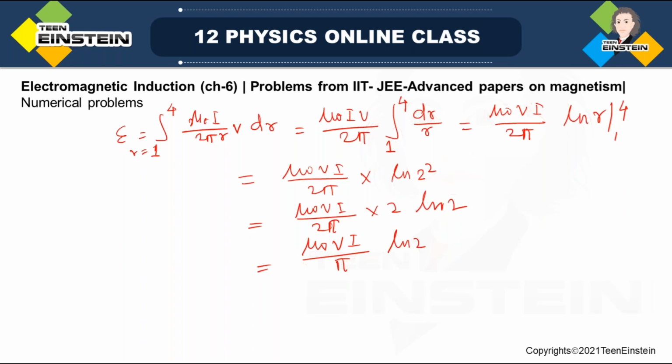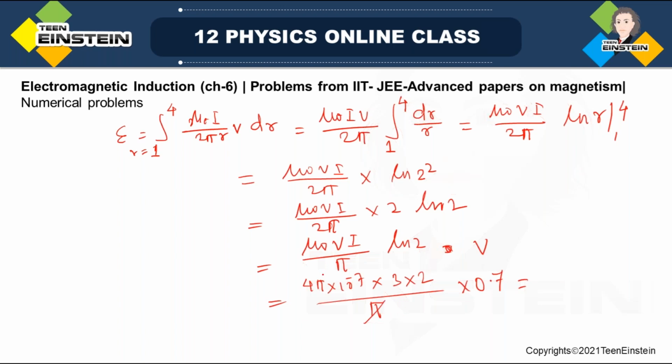For the calculation sake, we have to put the values. I is 2 ampere, and this will be in volt if we put everything in SI units. So mu 0 is 4 pi into 10 to the power minus 7 SI unit, V is 3 meter per second, I is 2 ampere, and in the denominator pi will be there, and this is 0.7 according to what was given. Yes, ln 2 has to be taken as 0.7.